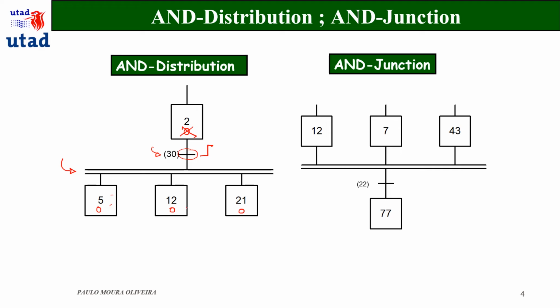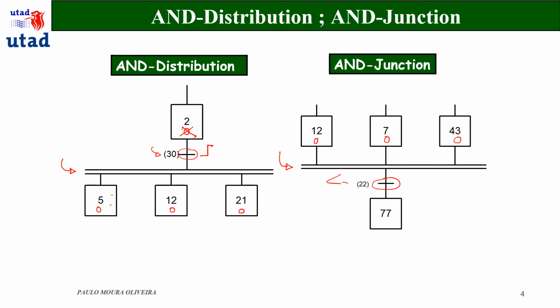And we got the same thing when you got several steps connected to the same output transition, which is this case. In this case, we also need to use this double line, which is called a junction, and sometimes also synchronization. And in this case, we have to have all three steps, this one, 12, 7, and 43, active.